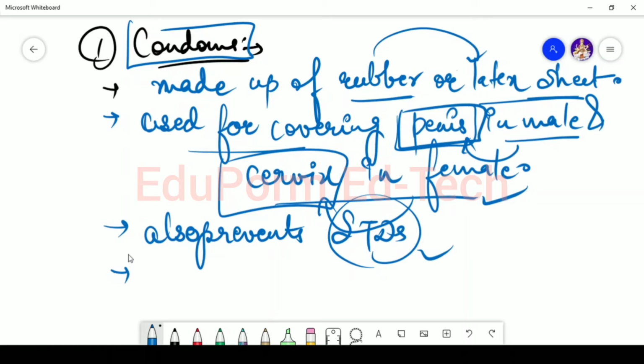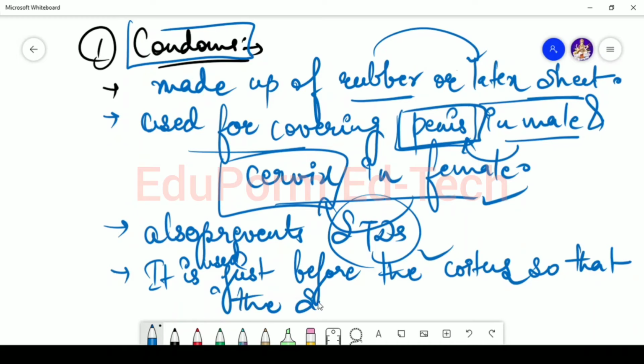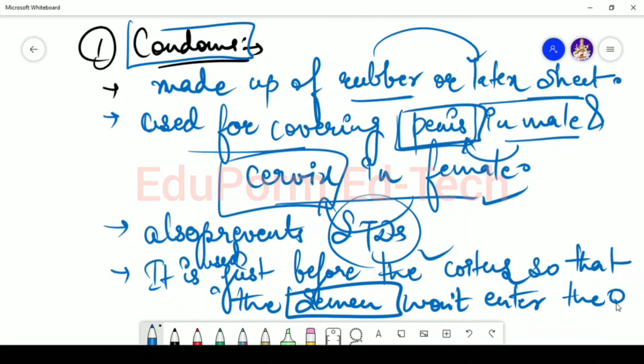Okay, and it is used just before coitus so that semen won't enter the female reproductive parts.